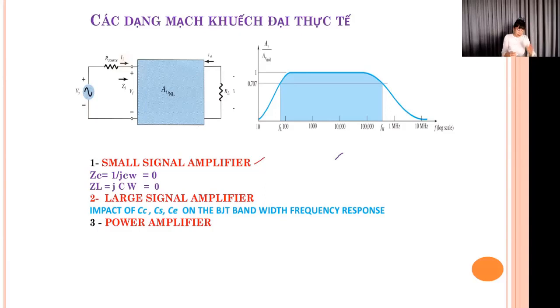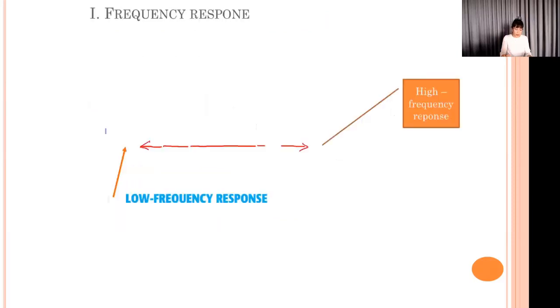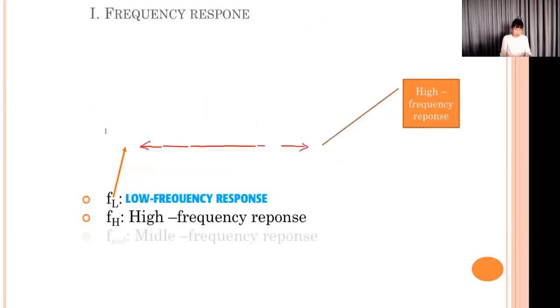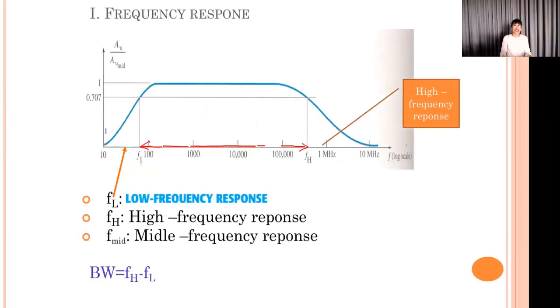And the second is the larger one, small and larger. What is the difference between them? The difference is in the area where the system works, in the frequency response.